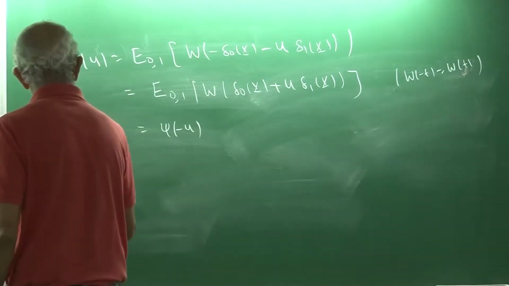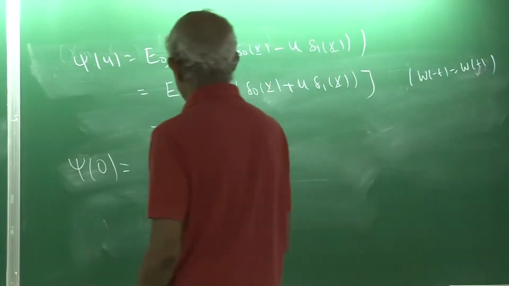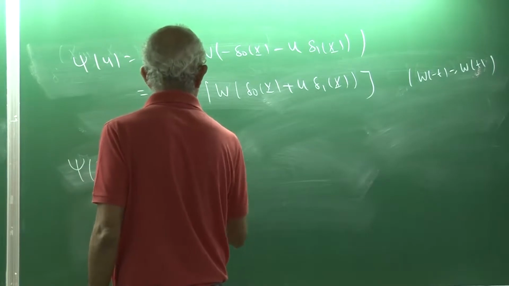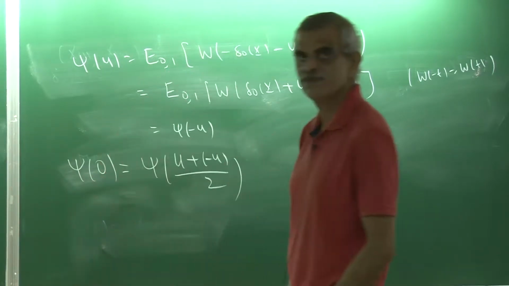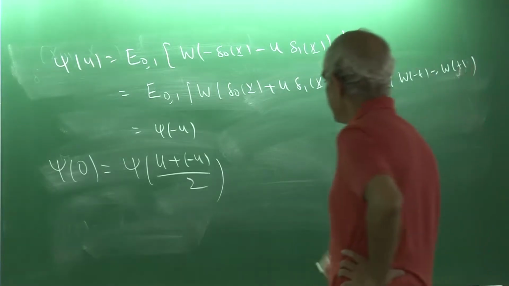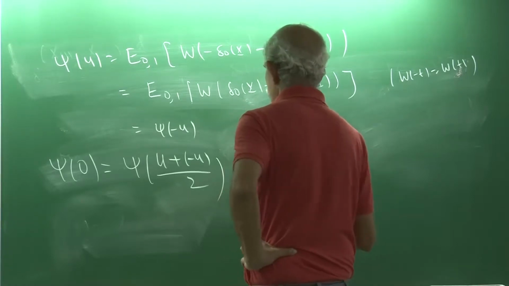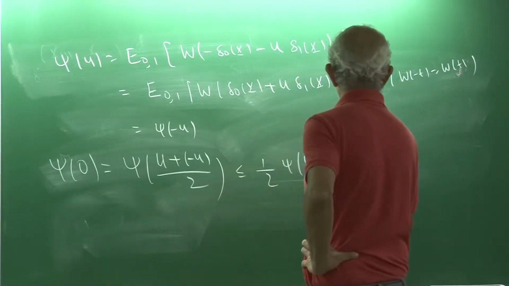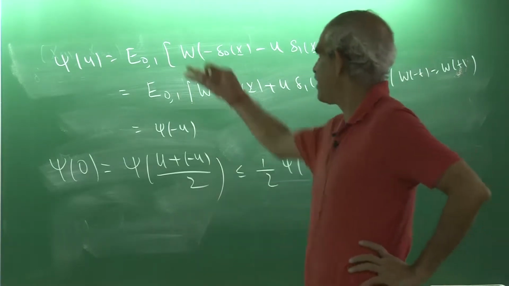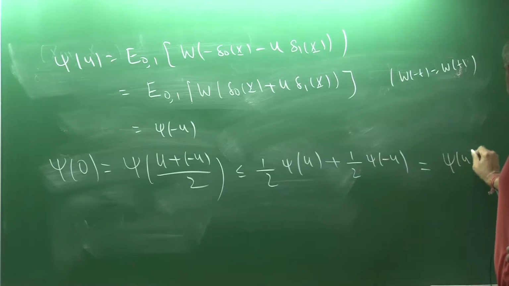I can do it. So psi 0 is same as psi of (u plus minus u) by 2 for any u. Psi is convex. So this would always be less than or equal to half times psi of u plus half times psi of minus u. But psi of u is same as psi of minus u, so this is same as psi of u for every u.